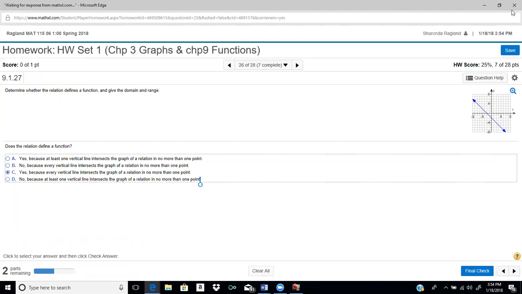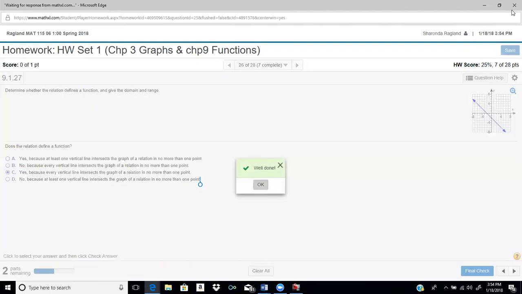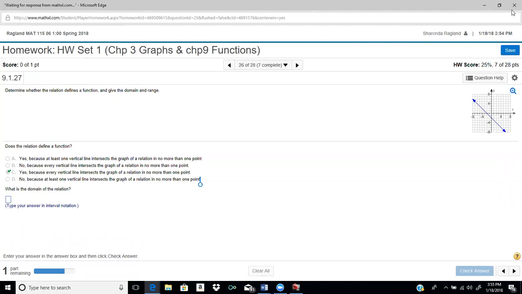Okay, so let's see. This is the final check. Very good. With the first one, it was saying that at least one vertical line intersects. But any vertical line that you draw should intersect in no more than one point for it to be a function. So that was a tricky one.